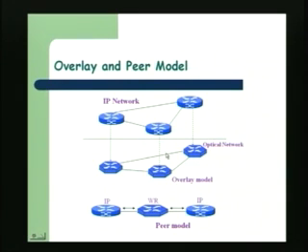So this is how an overlay and peer model will look. This is an underlying optical network in the core of the network, which is essentially a wavelength routed network, and these are IP routers at the edges of the network, and the entire network has been overlaid over a wavelength routed network.